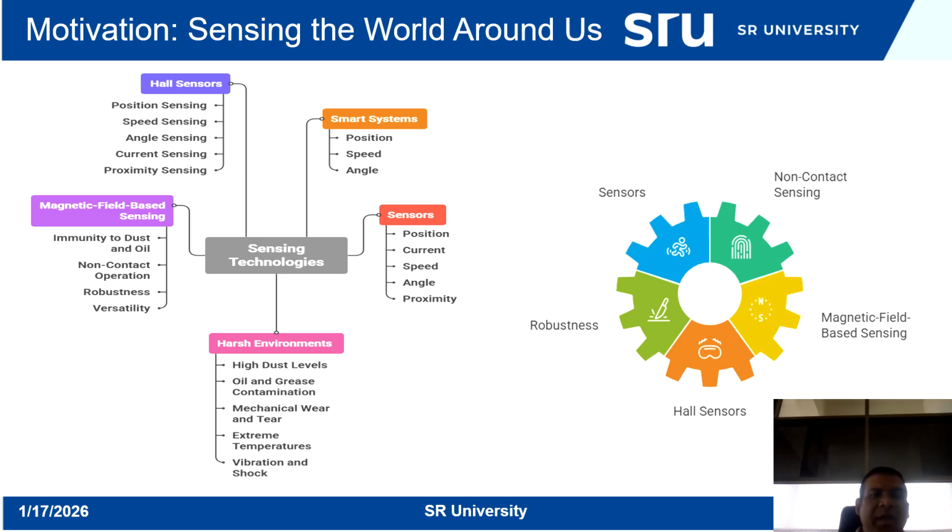Angle sensing is determining the angular position of an object such as a steering wheel or throttle. Then current sensing. What is current sensing? Current sensing is actually measuring the current flowing through a conductor. Then proximity sensing, which basically detects the presence of an object within a certain range.